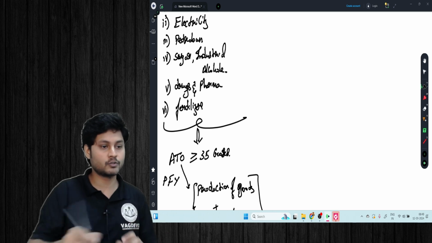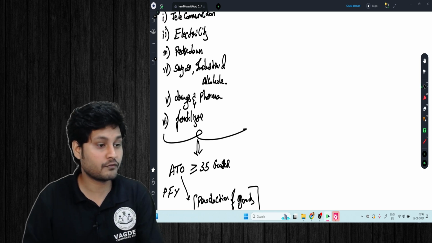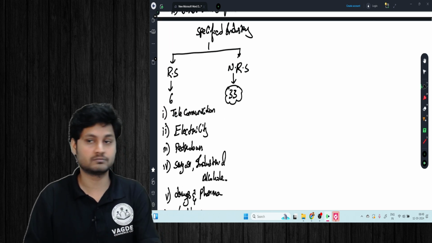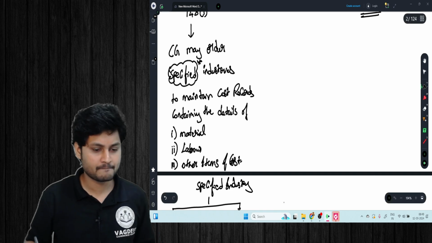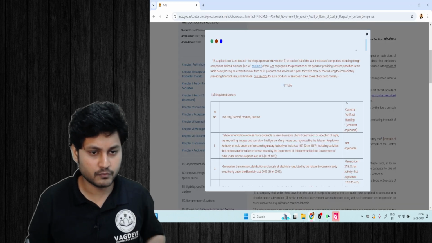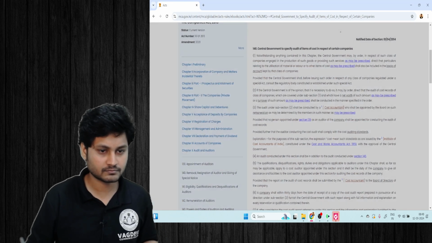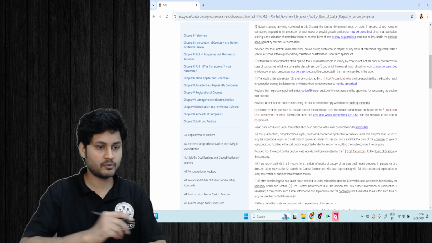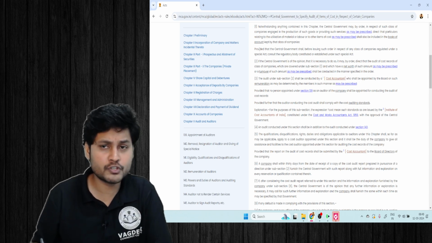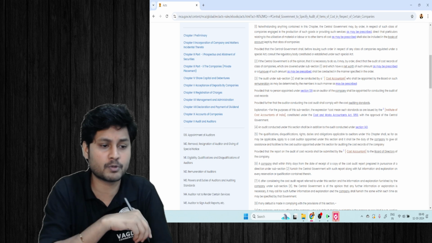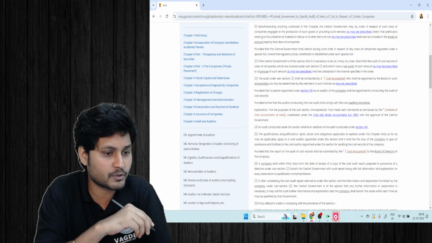So let's go and read section 148, subsection 2. All the details are written in the notes. Let me go to 148, subsection 2. I am now reading. There is one more part given here: a proviso to subsection 1.